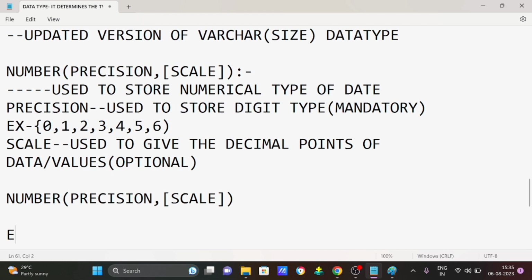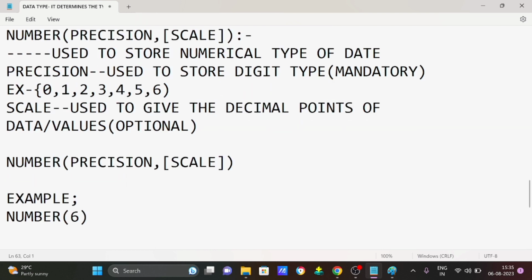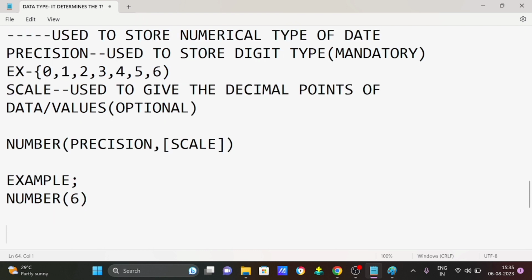For example, let's consider number 6. I've just given the precision over here, which is the mandatory parameter that we need to give.